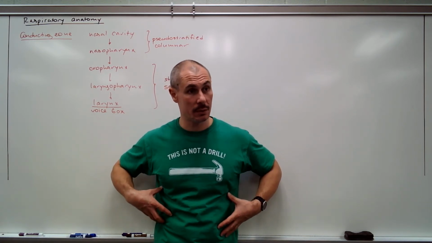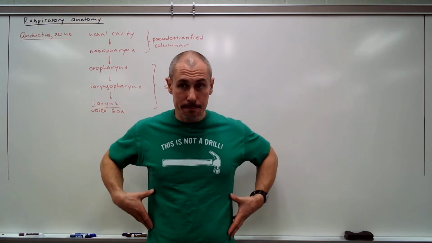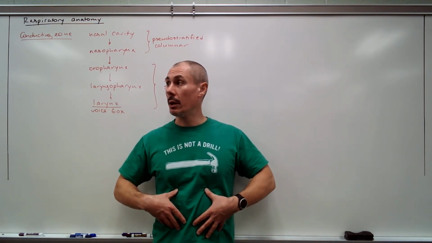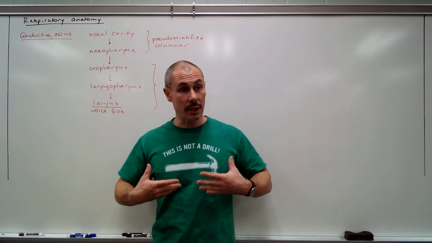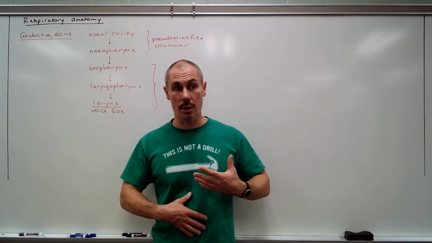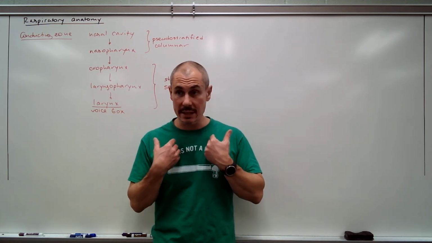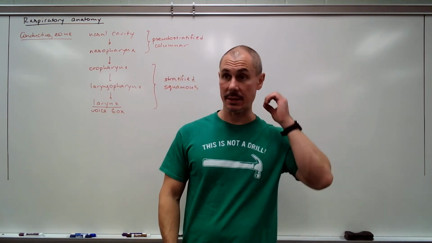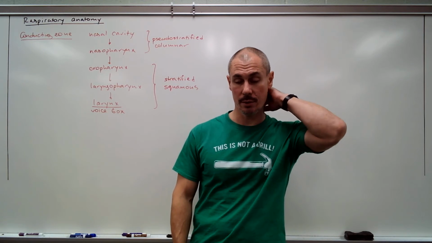Are you following me on this one? To create extra pressure in the trunk, in the abdomen, in the thoracic cavity, to stabilize it when you're lifting something heavy. Does that make sense? So that's Valsalva's maneuver.